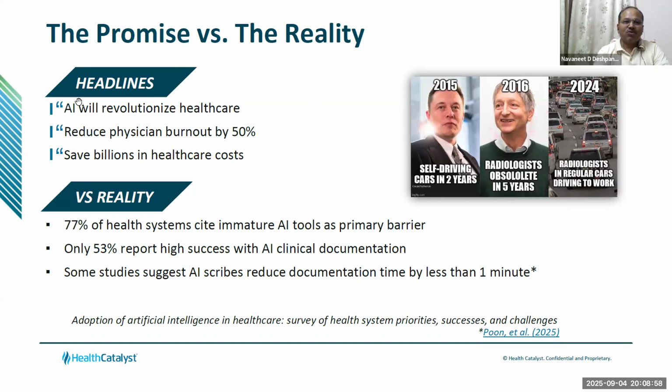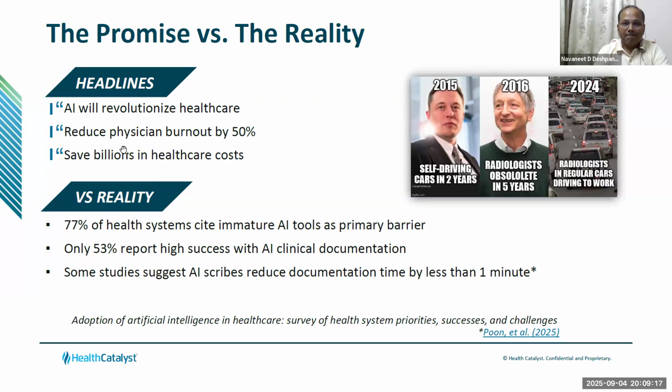What the headlines said over previous times was that AI will revolutionize healthcare. Then there will be a reduction in physician burnout, all physician burnout will reduce by 50%. That's what the headlines were previously. And some people were telling that it can save millions in healthcare costs.